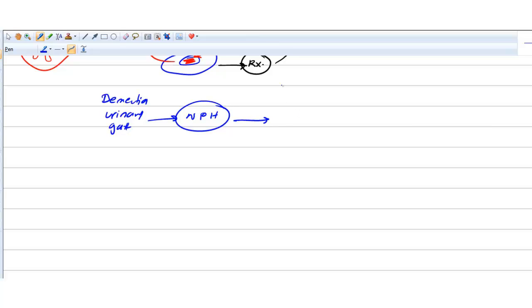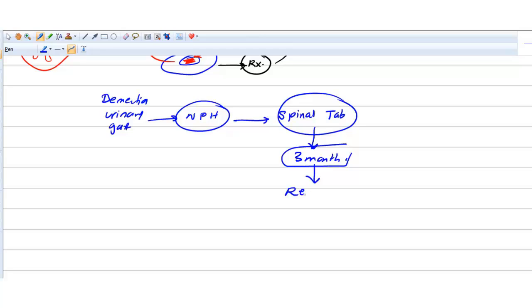Just take the fluid out, which is basically CSF, with repeated spinal taps. You do a spinal tap first, and the patient is fine, but after 3 months he comes with the same problem, so you repeat the spinal tap. If you repeated spinal taps several times per year, I'm not sure how many. So what next?